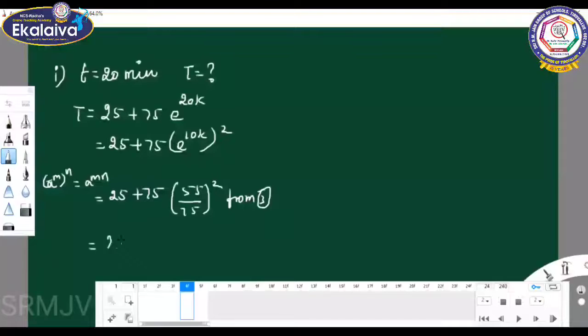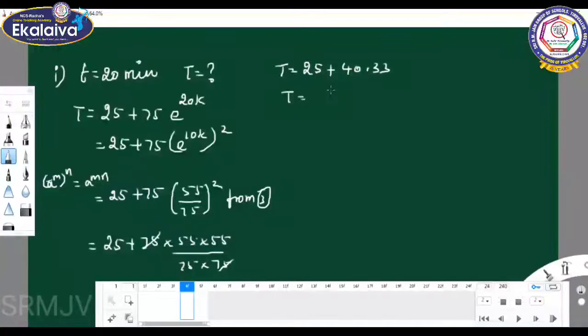It gives 25 plus 75 into 55 into 55 by 75 into 75. 75 and 75 get cancelled. Simplify and do the calculation, and we get T equals 25 plus 40.33. So the temperature equals 65.33 degrees C.